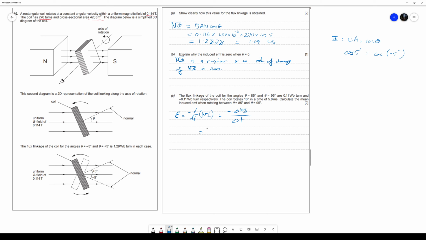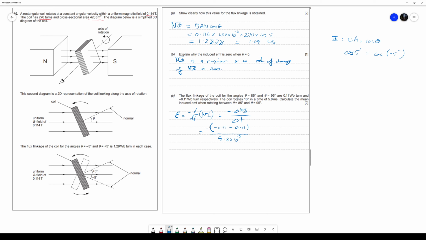So that is equal to minus the final flux linkage minus the initial flux linkage. It's rotating between this and this, so the final flux linkage is minus 0.11 minus the initial flux linkage, divided by the time taken, which was 5.8. These are milliseconds, be careful, 10 to the minus 3.